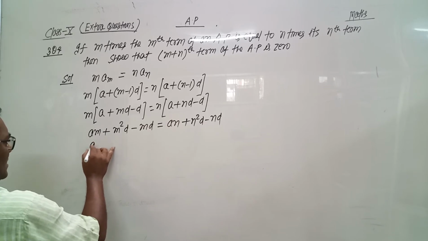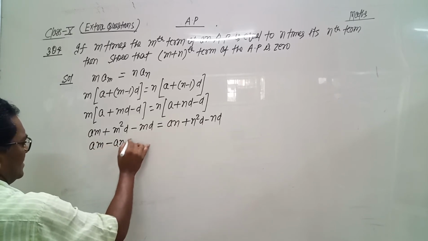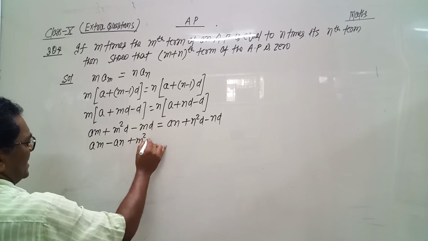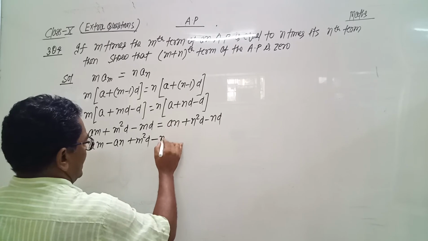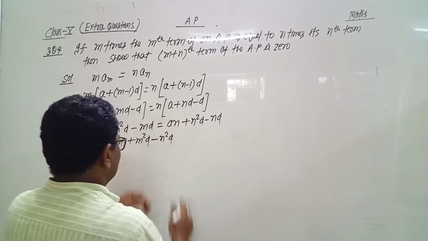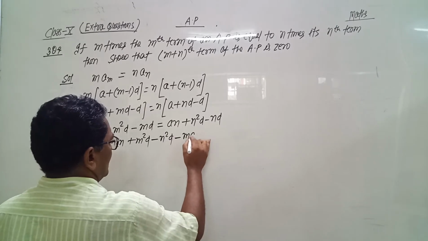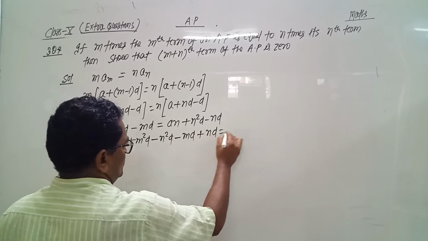Then am minus an plus m square d minus n square d minus md, and this will go to the left side, plus nd equals 0.